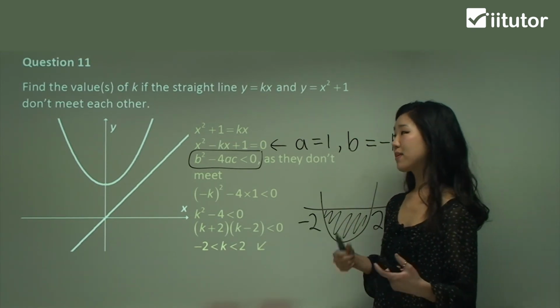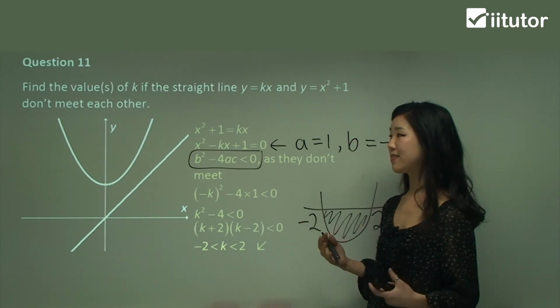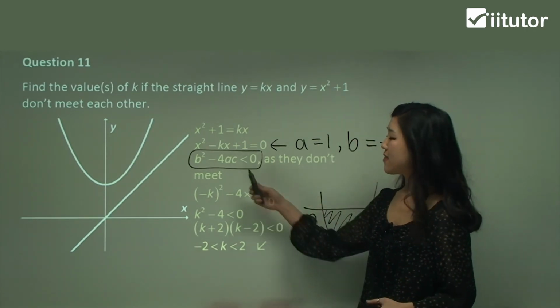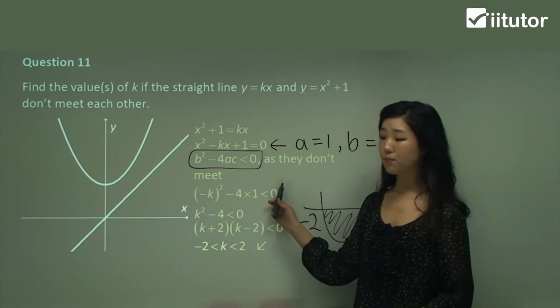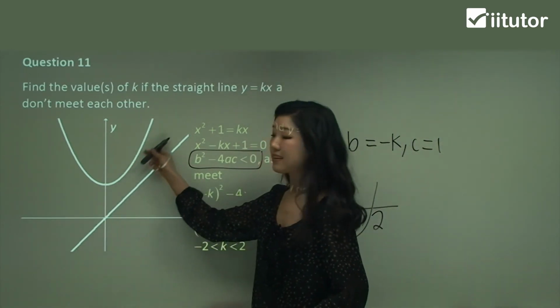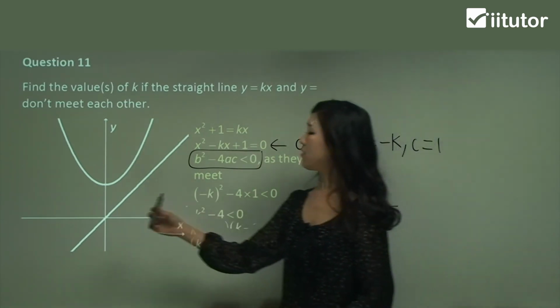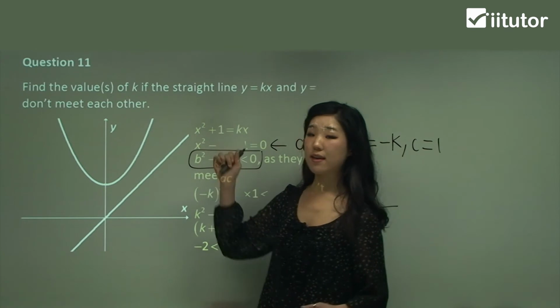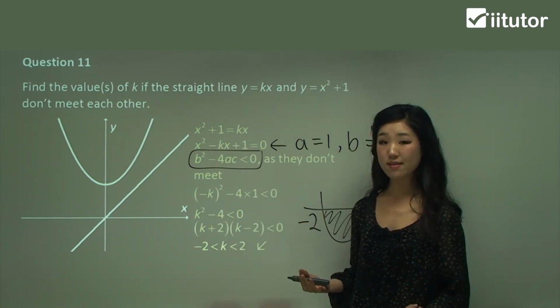Okay, I know I keep stressing you guys out with all these discriminants, but I just want to get these really stuck into your brain that, as I said, if there's no intersections, the discriminant is less than 0. If it just meets once, like a tangent, then the discriminant is equal to 0. If it passes the parabola and makes 2 intersections, that means discriminant has to be greater than 0, right?